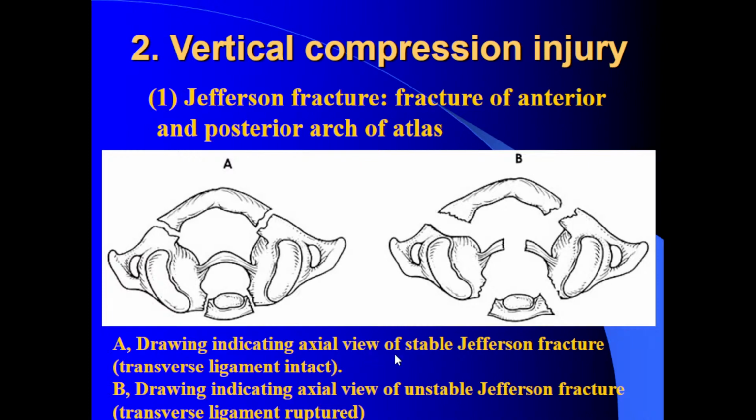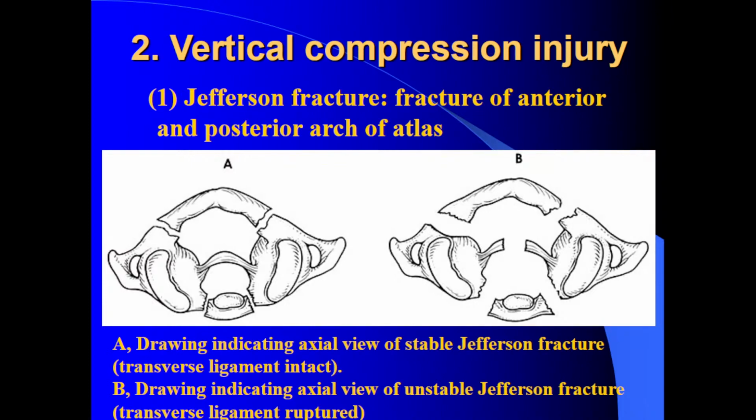And type C is an unstable injury of C1. It is a fracture of the anterior arc, posterior arc, and transverse ligament at the same time. As you remember, the transverse ligament is very important for odontoid process fixation, for the dens fixation.